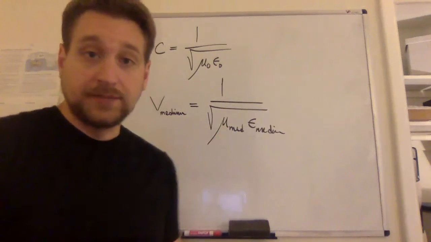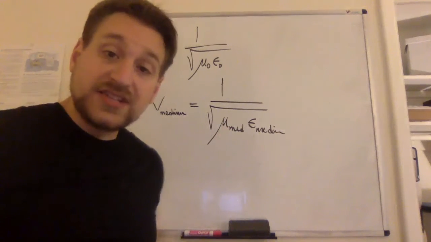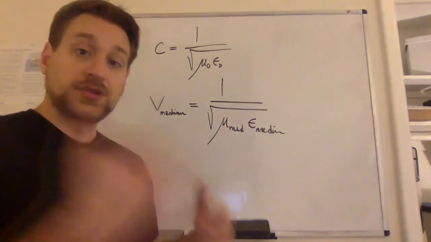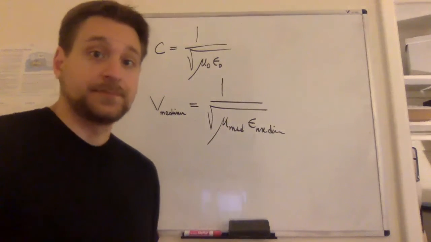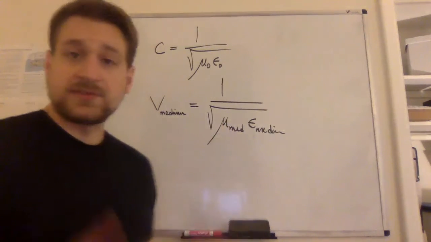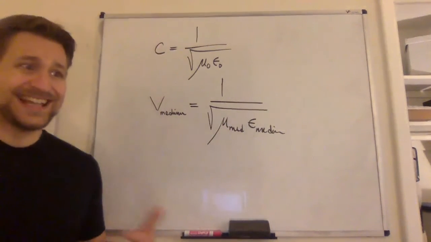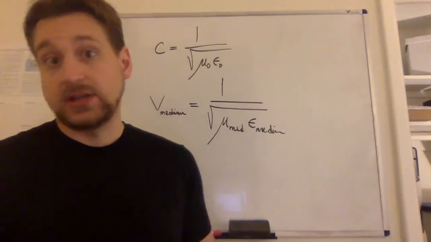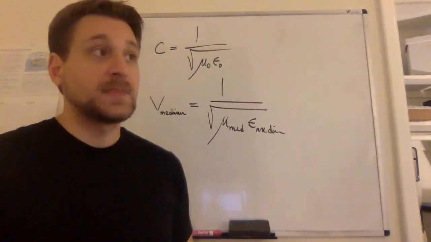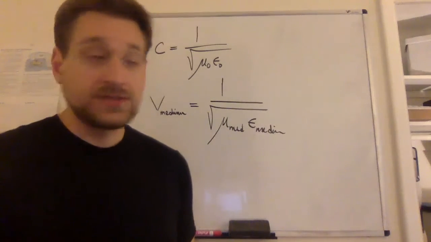The permeability doesn't really change very much unless we're talking about something ferrous, especially ferromagnetic. If we're talking about something ferromagnetic, it's not usually transparent, at least not to visible light. So we can't see through it, in other words.